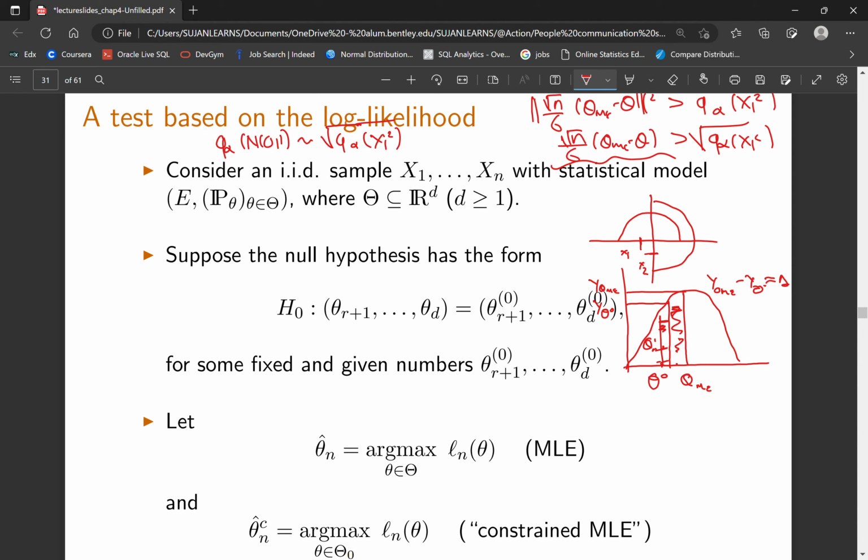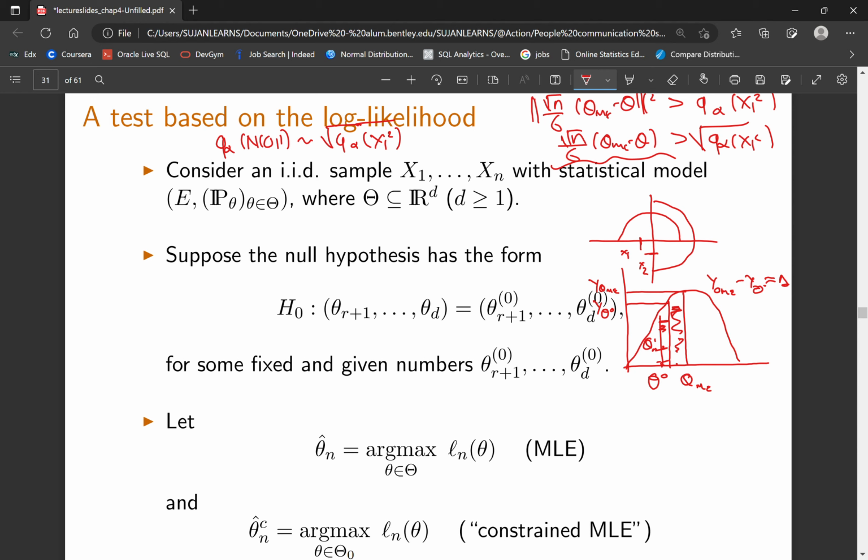It can be 0, 1, 2, anything, but all the coordinates after r are the same between theta and theta naught.